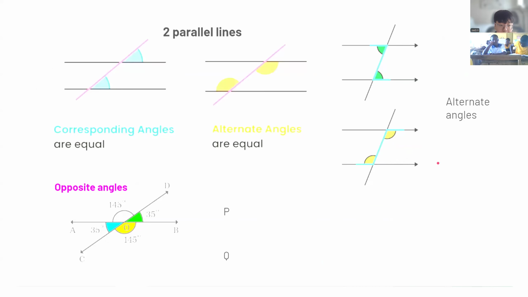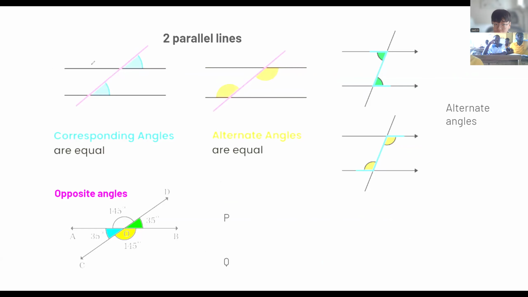Okay, so this is just a review of angles, right? When I was talking about corresponding angles, if you have two parallel lines and one line is crossing it, these two angles are the same. We also looked at alternate angles, right?